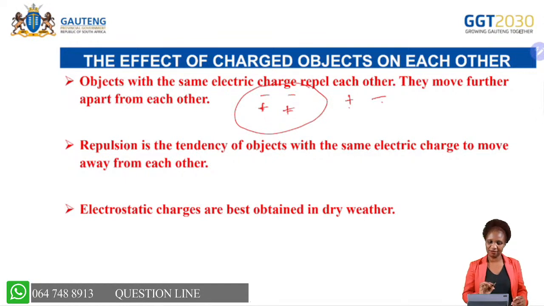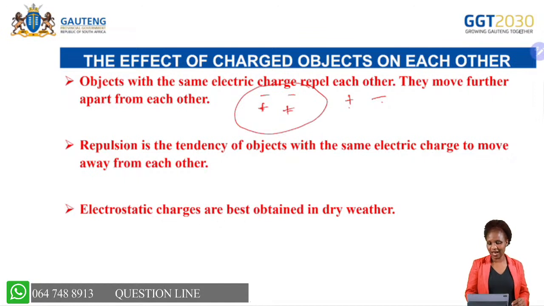They repel. All right. Repulsion is the tendency of objects with the same electric charge to move away from each other. They move away from each other because they've got the same electric charge. Negative and the negative, they'll push each other away. Positive and the positive, push each other away. Why? Because they are like charges.